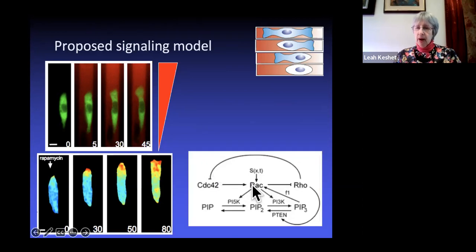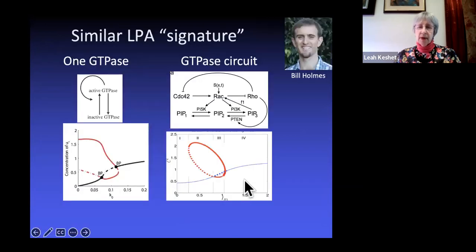So then my postdoc, Bill Holmes, put together a model for this internal signaling. You can see the model is quite a bit more complicated than the one I described, but interestingly, it had very similar kind of bifurcation signature when it came to this shortcut method of local perturbation analysis.